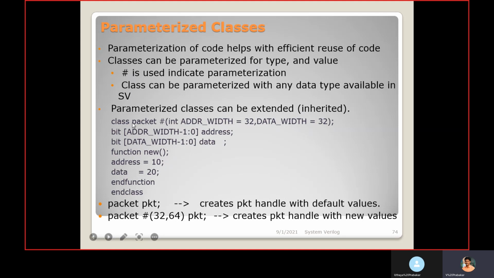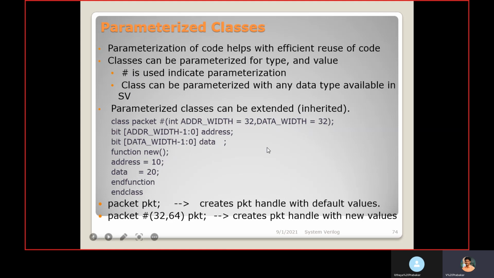Here I create the packet as pkt somewhere inside the module. Okay, so the packet handle is created. In the packet handle, the default width of address and data is 32 bit, and the value of address is 10, data is 20.